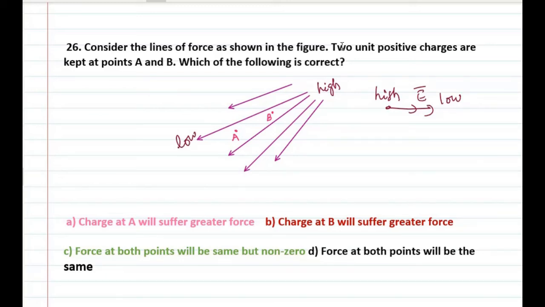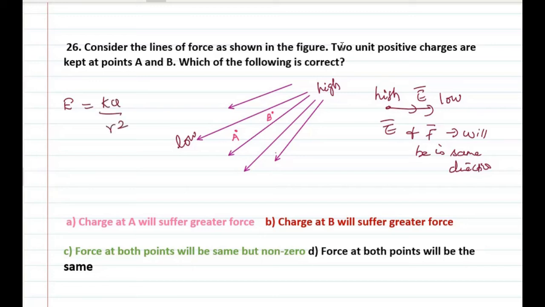No. The electric field and the force for a positive charge are in the same direction, and the force is maximum at this point. As the distance increases, the value of the electric field decreases, as 1 over r square. So the electric field varies with distance. So charge at B will suffer greater force.